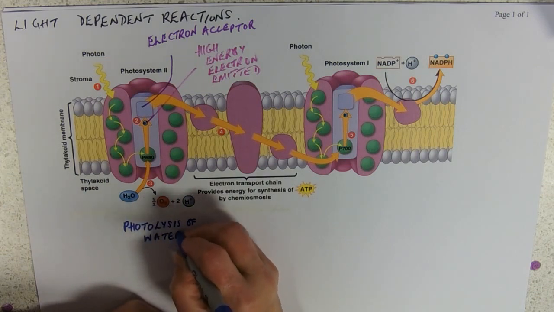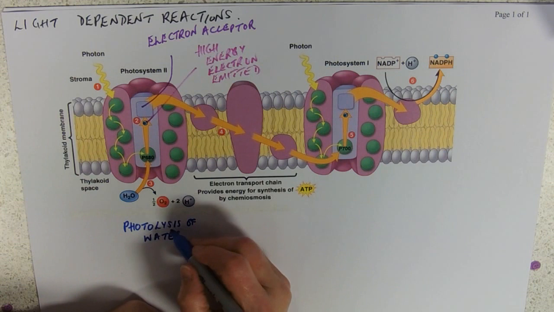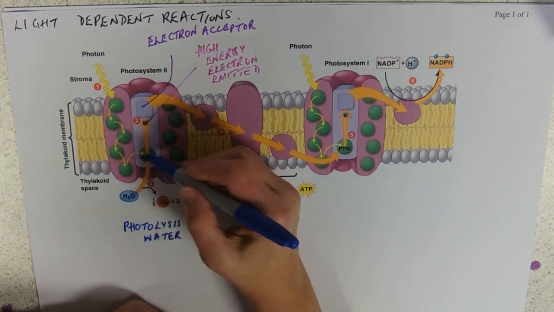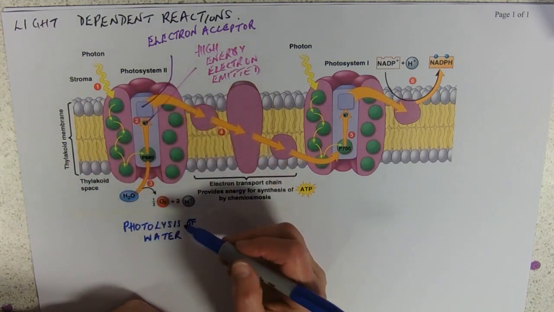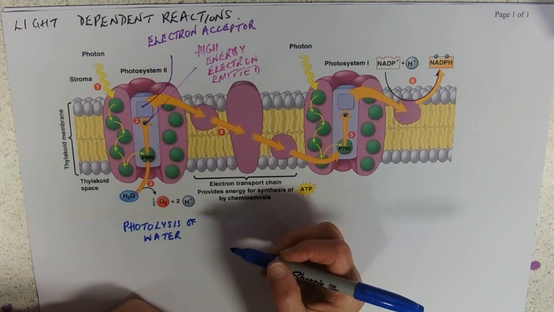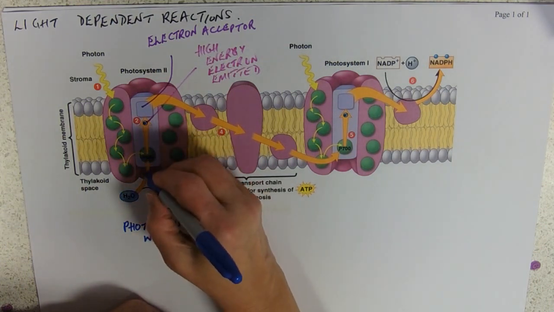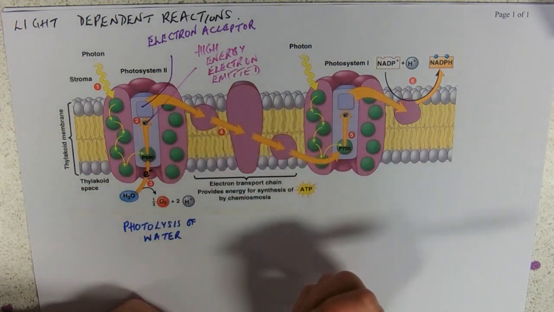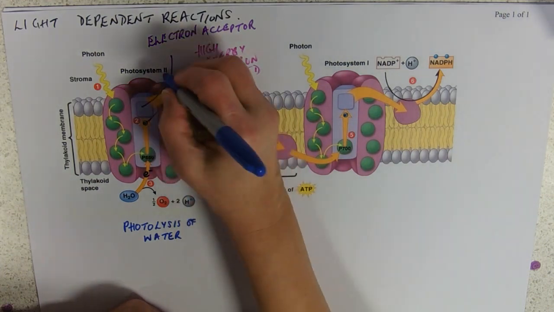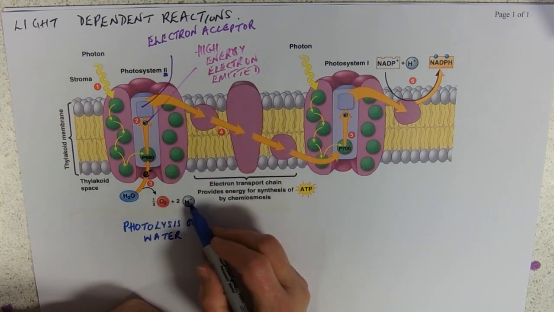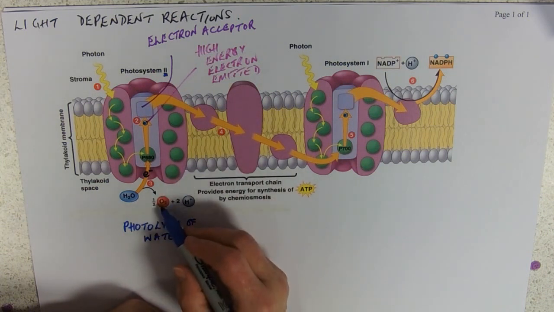Now, photolysis means splitting of water using light. So the light energy is forcing a high energy electron off chlorophyll, and that chlorophyll needs to get one back. So water obligingly splits into an electron to replace the one lost by Photosystem II, leaving behind protons and oxygen.